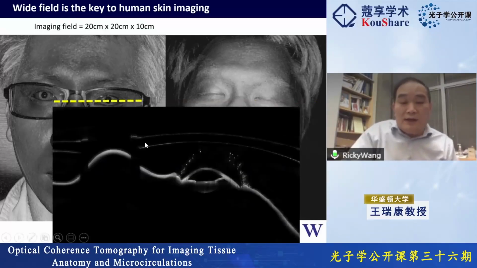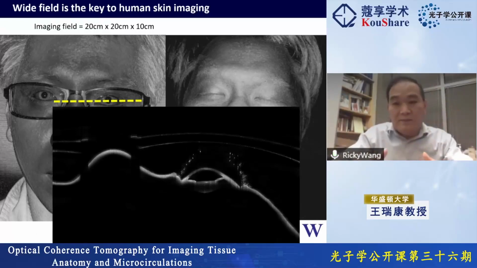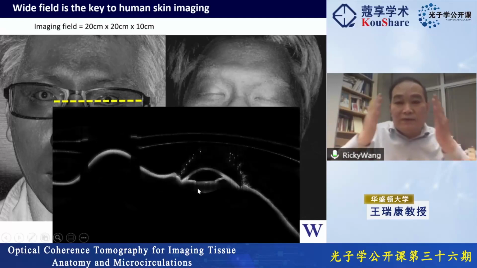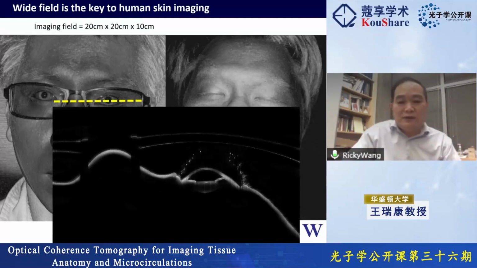For example, you can look at the glasses position and also the eyelash, cornea and the eye lens, and also the skin as well. So that gives you depth information. And because of the curvature of the facial skin, the 10 centimeters ranging distance is very important.